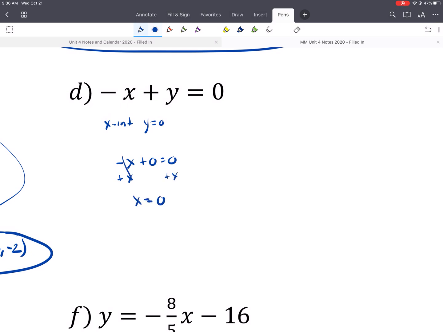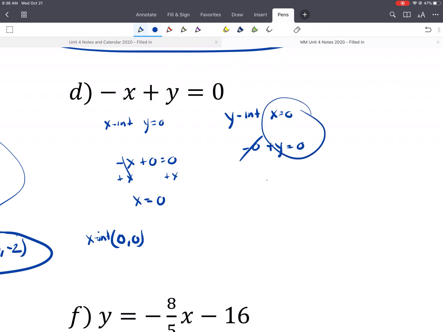So our x-intercept would be (0, 0). And then it'll be similar for a y-intercept. x is equal to 0, so we'd end up getting -0 plus y is equal to 0. Well, that's just 0. So we have the same point for the y-intercept, (0, 0).